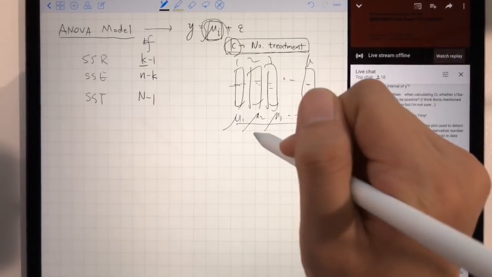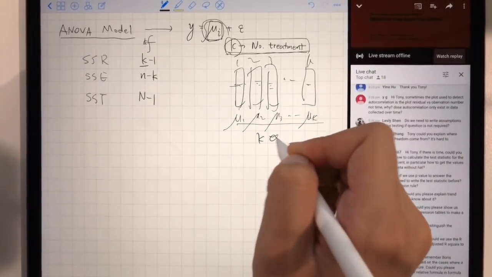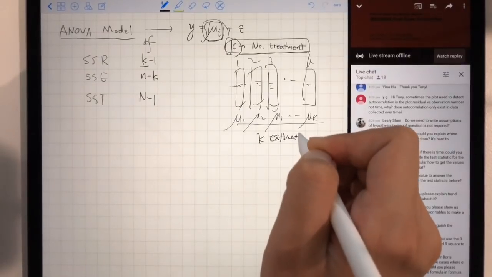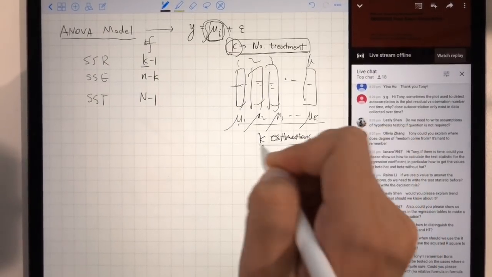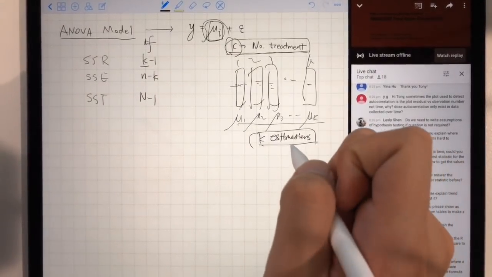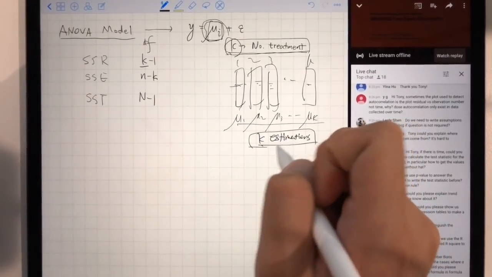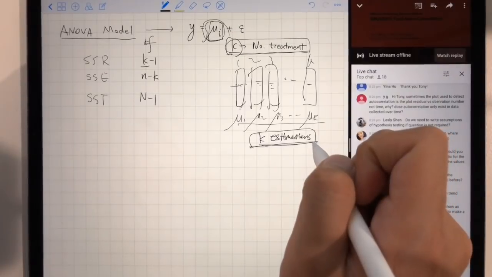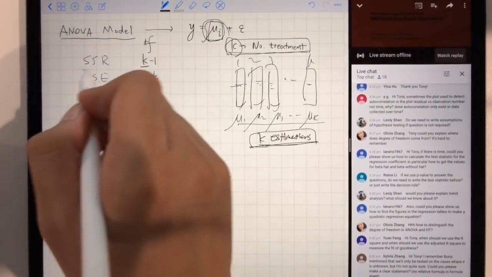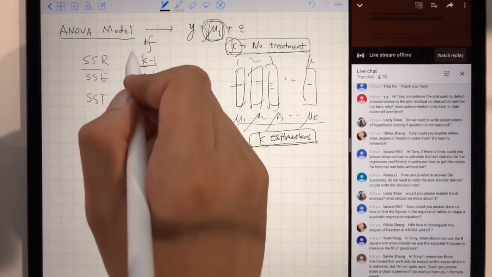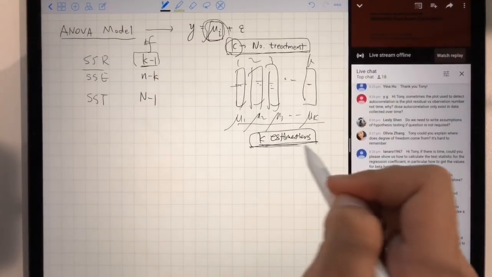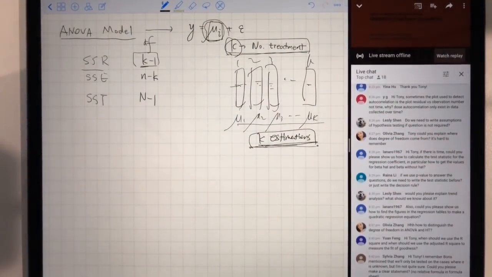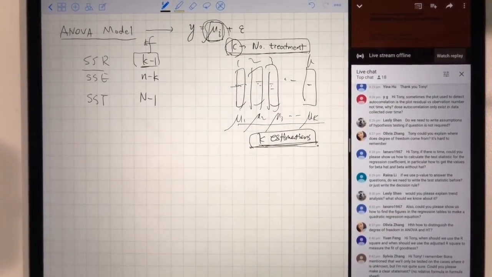So basically, we have k estimations, right? Keep in mind, when we have k estimations in our model, the SSR's degrees of freedom is k minus 1, which is the number of estimations minus 1, okay?